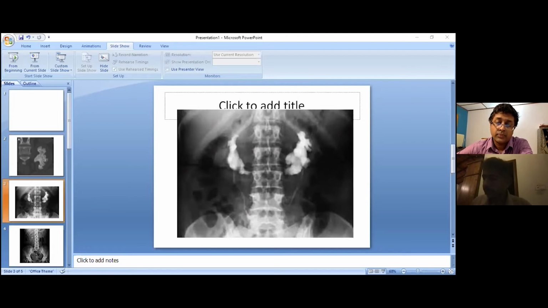Right. So as an endourologist, what are the special abnormalities in this kidney that are important for you to know before planning surgery? Yeah. So I would request a renal angiogram to know the vascular anatomy of this patient as well. Why?